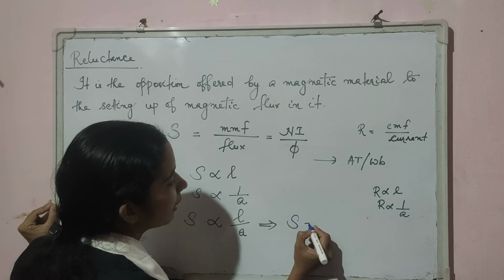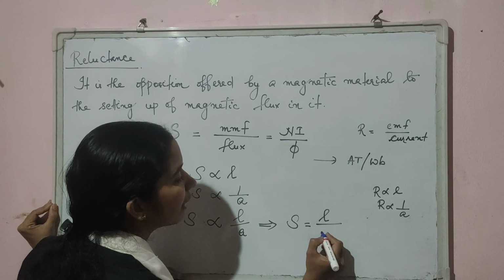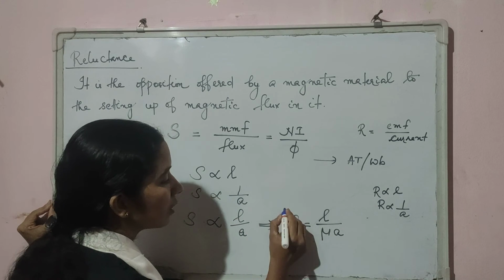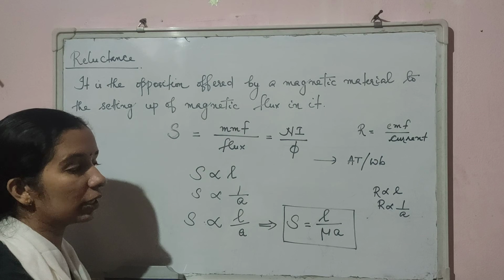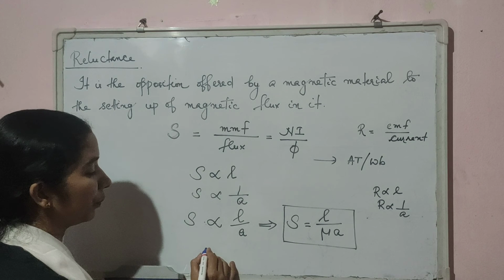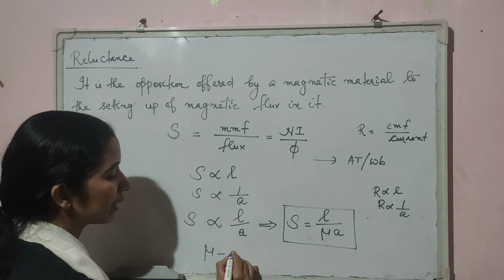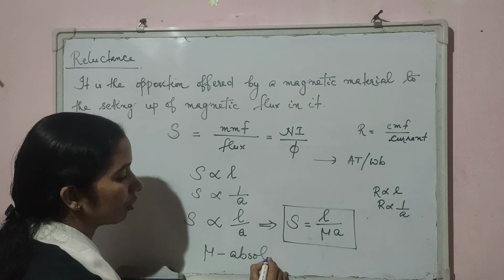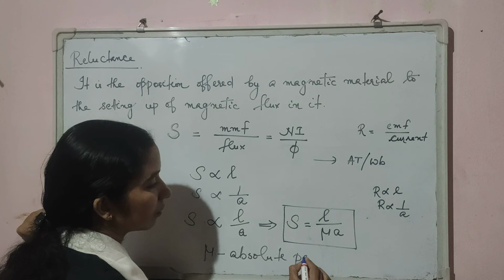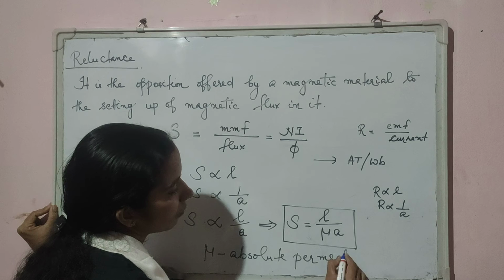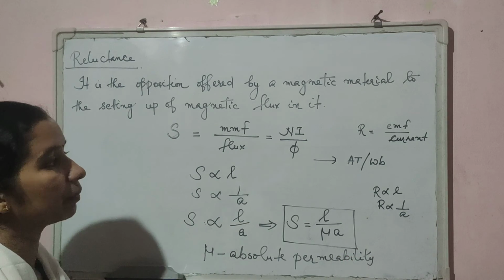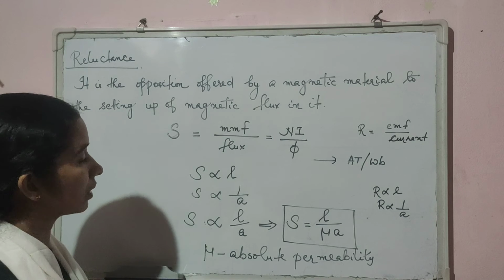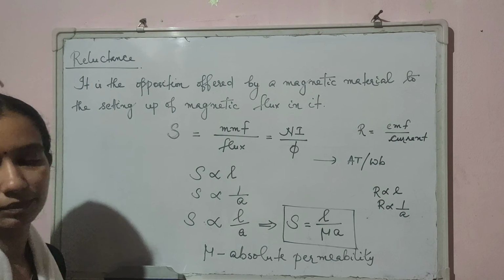So the equation becomes S is equal to L divided by mu A. This is an important equation for reluctance, where mu is the absolute permeability of the medium. So this is what reluctance is.